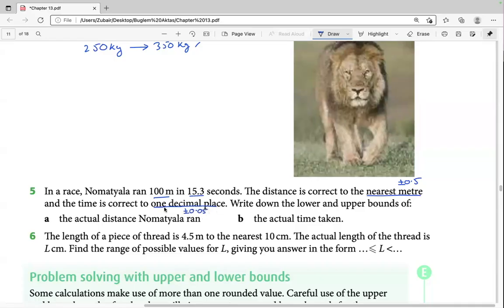Write down the lower and upper bound of the actual distance and the actual time. So for distance, that is 99.5 to 100.5. And for the time, 15.25 to 15.35.